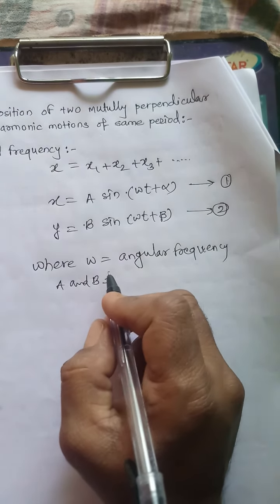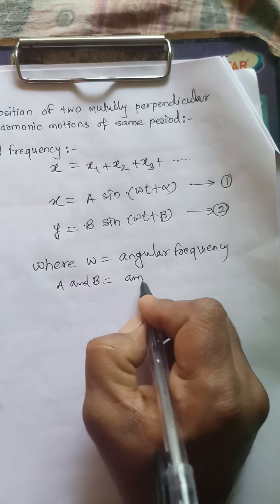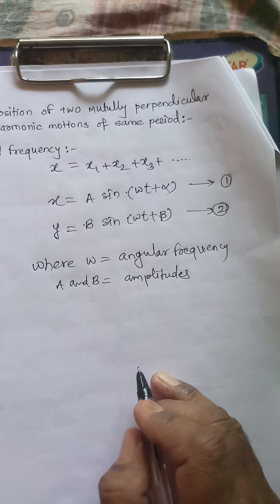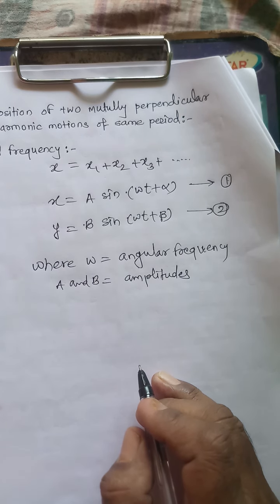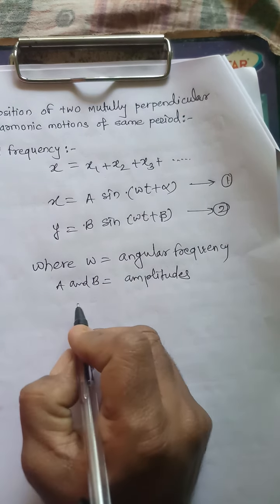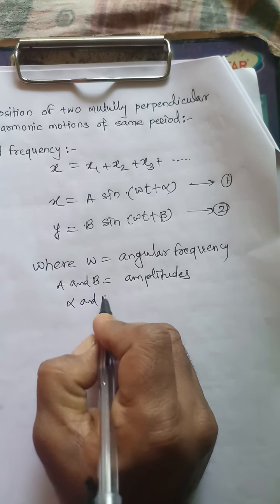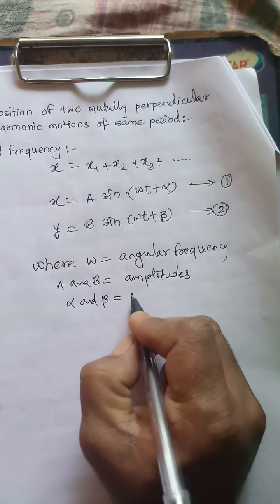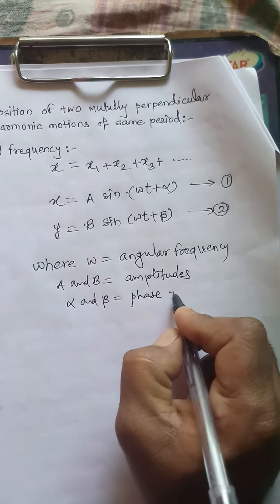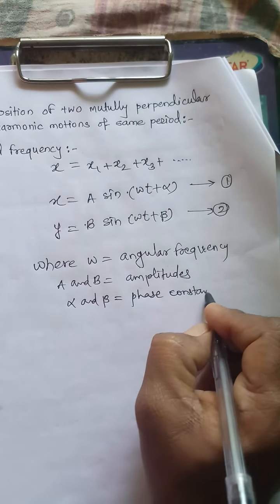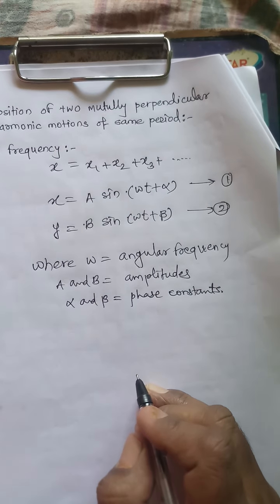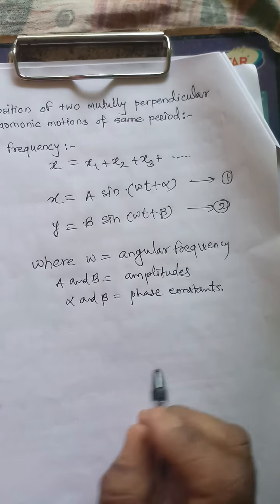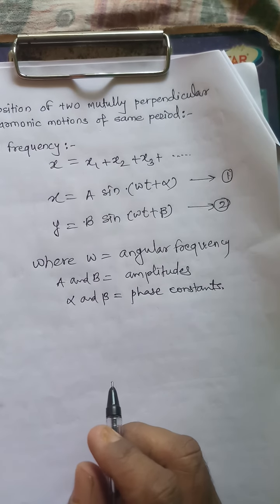A and B represent the amplitudes. And what about alpha and beta? Alpha and beta represent the phase constants. And x and y are the displacements of the two simple harmonic motions.